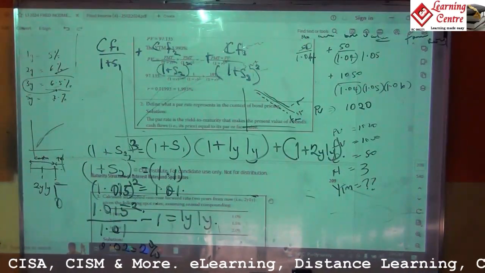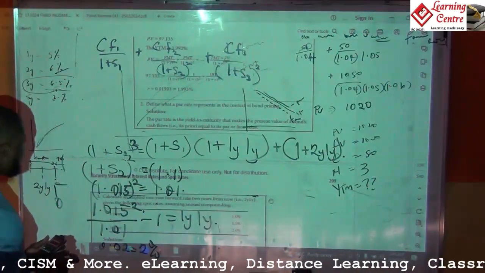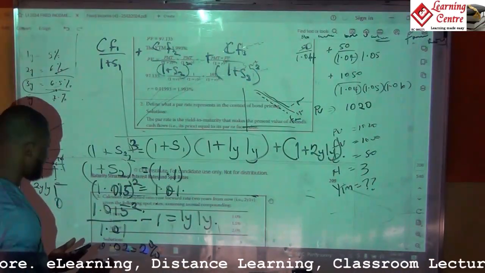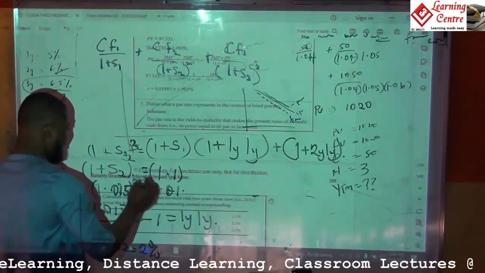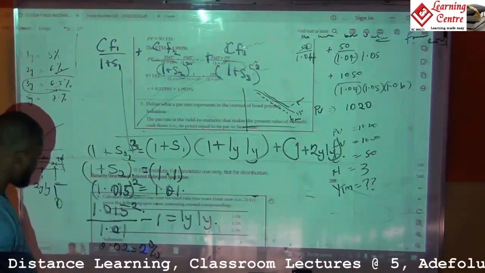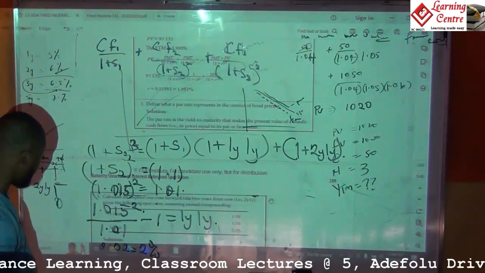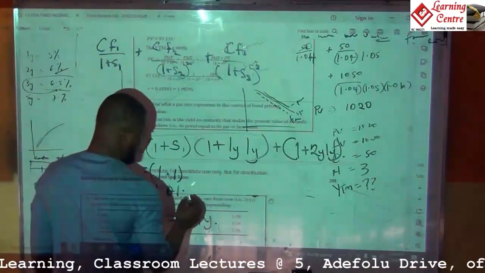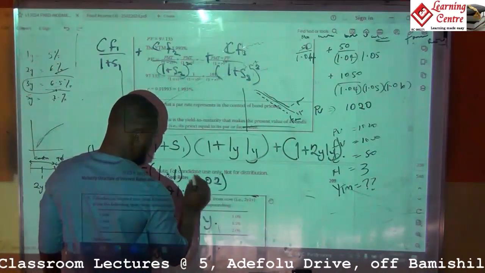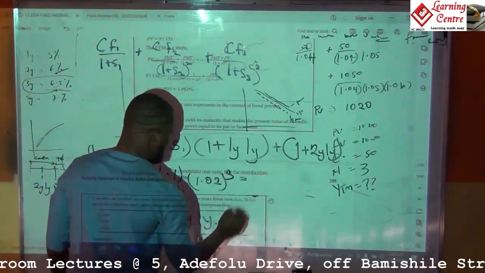So 1 year, 2 years from now. I think it's a good 2%. 1 year, 2 years from now, 3 years.